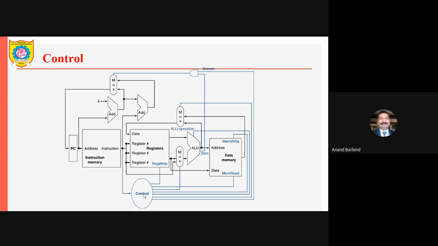Now, this control unit is preceded by the instruction decoder. The instruction decoder is the unit which decodes the instruction. After decoding the instruction, the processor comes to know what that instruction is.